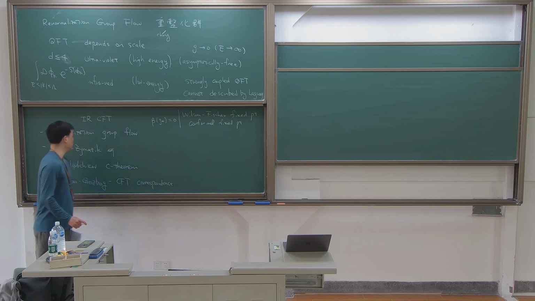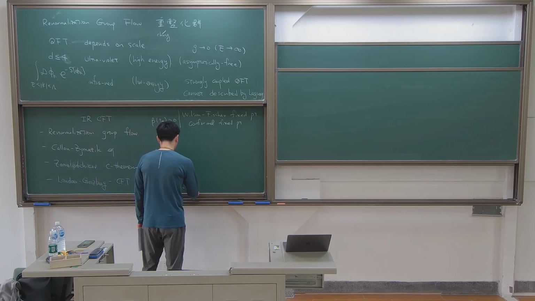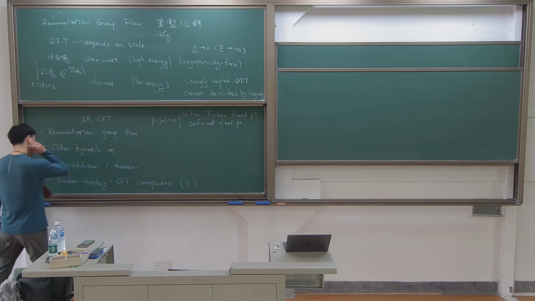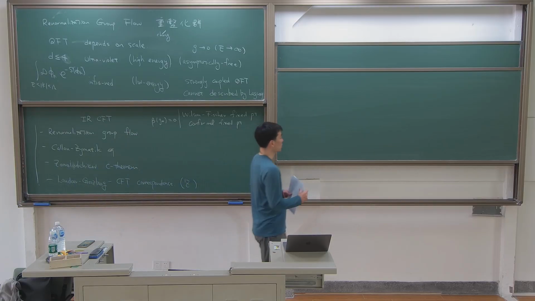So that's what we're going to learn. This is also due to Zamolodchikov. This is also Zamolodchikov. So that's the content for today and next week. Okay, those are the plan of the coming lectures.